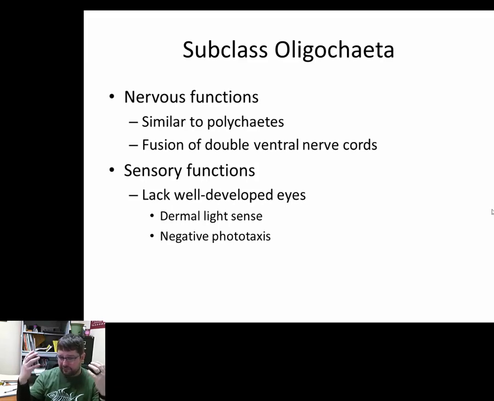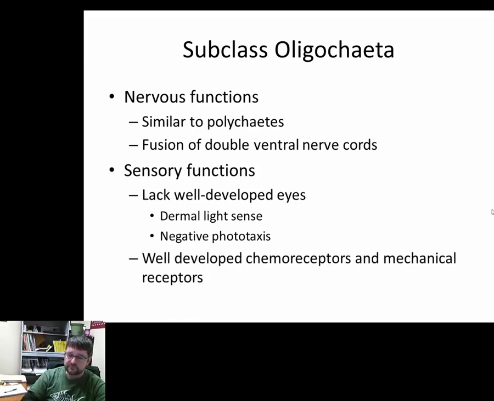Vision is very poor, in the sense that the only capability is to sense which way the light is coming from, and most of the time they're moving away from it. But instead of well-developed eyes, they have well-developed chemoreceptors and mechanoreceptors.